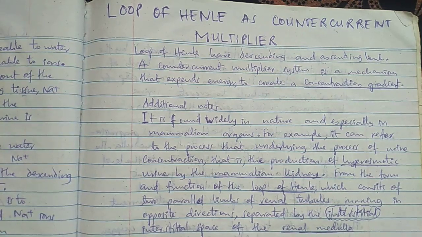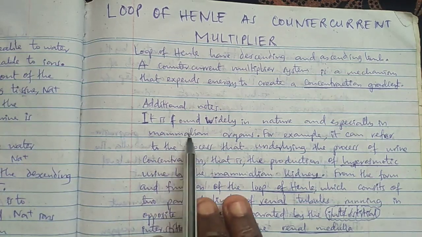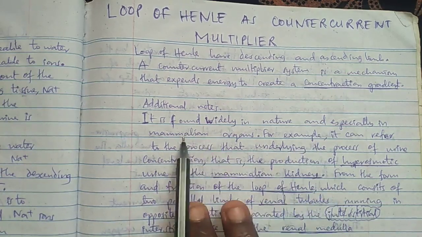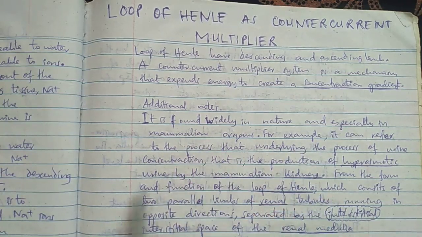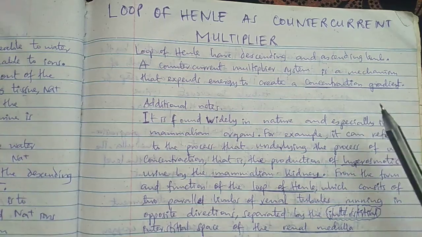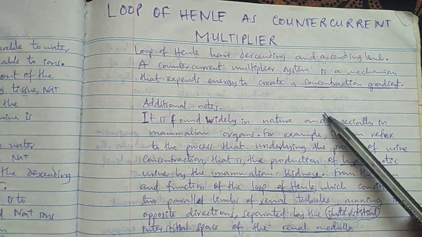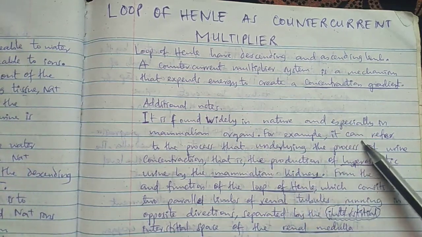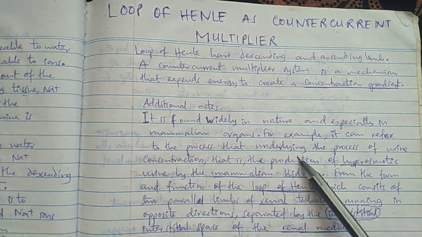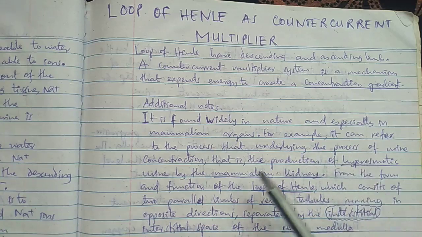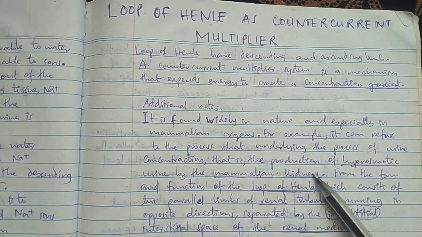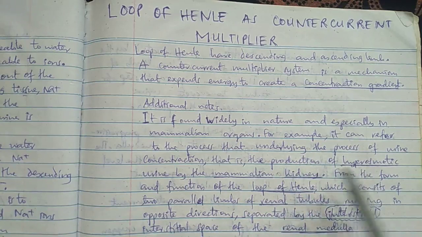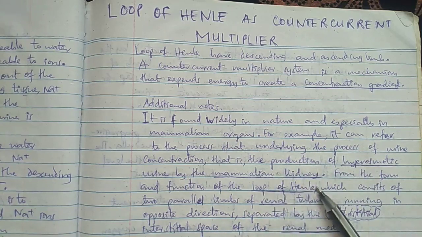So we have the additional information here. It is found widely in nature and especially in mammalian organs. Yani kwamba a countercurrent multiplier system is found widely in nature and especially in mammalian organs. For example, it can refer to the process underlying urine concentration, that is the production of hyperosmotic urine by the mammalian kidney.